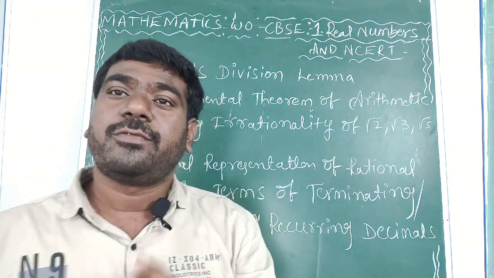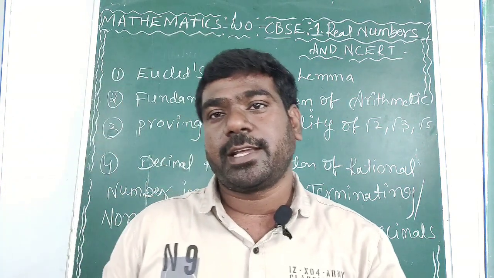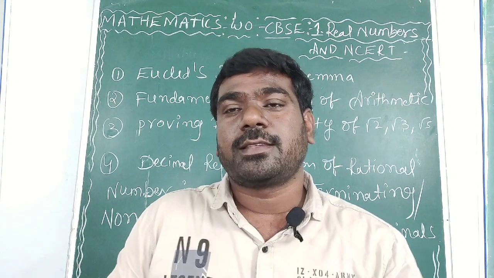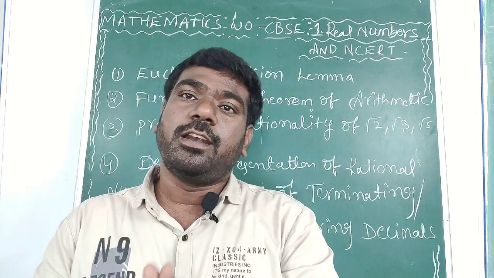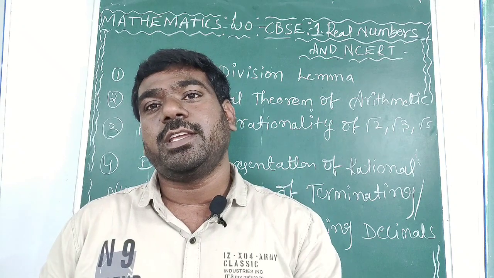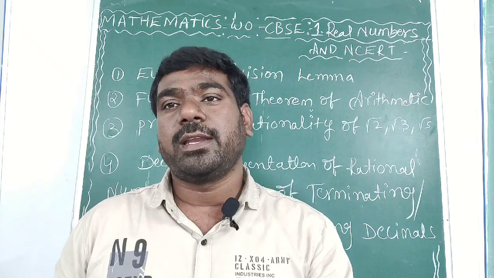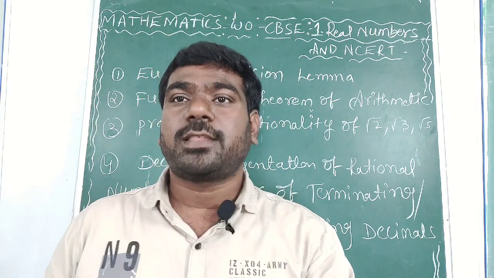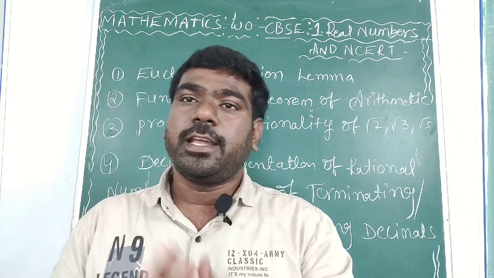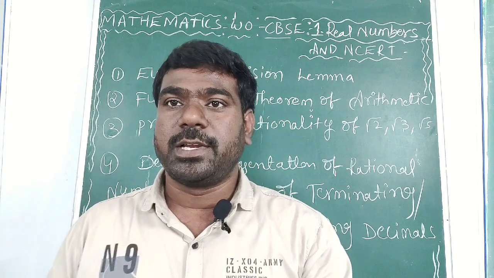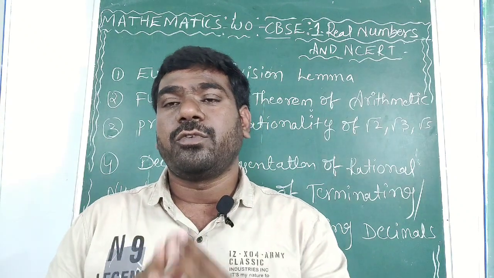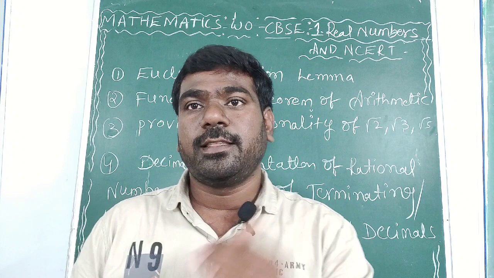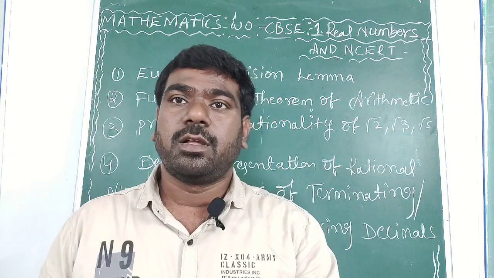The second topic is the fundamental theorem of arithmetic. The third topic is proving irrationality of root 2, root 3, root 5. The fourth one is decimal representation of rational numbers in terms of recurring and non-recurring decimals. So these are the 4 major topics in real numbers.